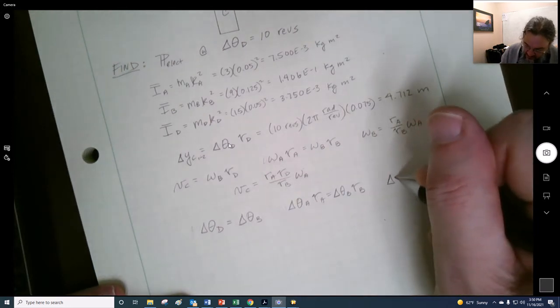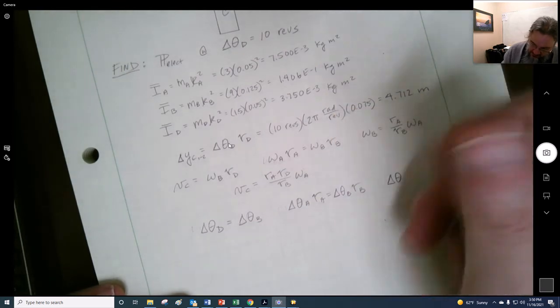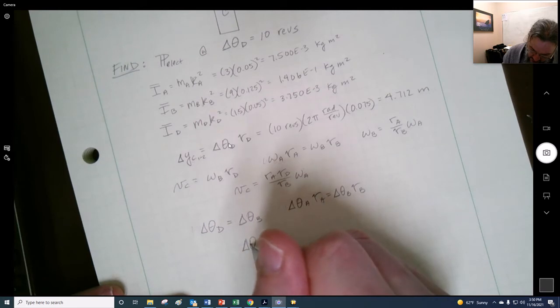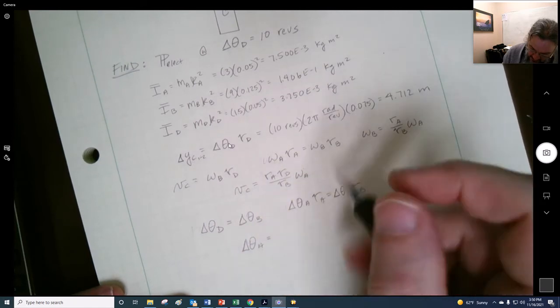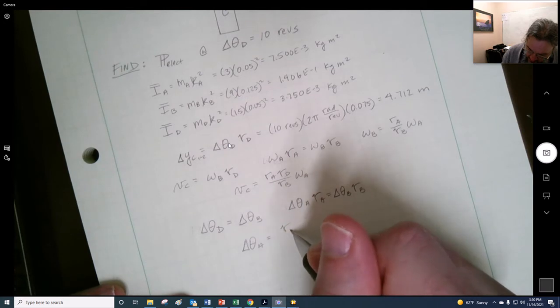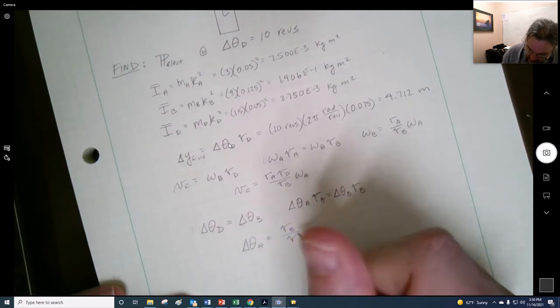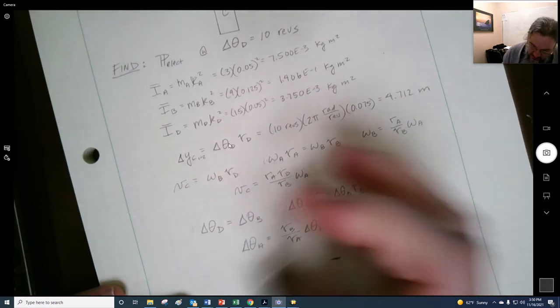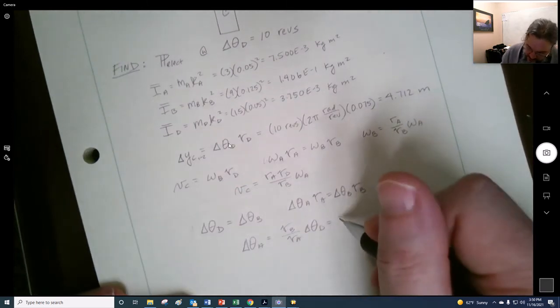Therefore, delta theta A is equal to RB over RA times delta theta D, which we're going to write down.